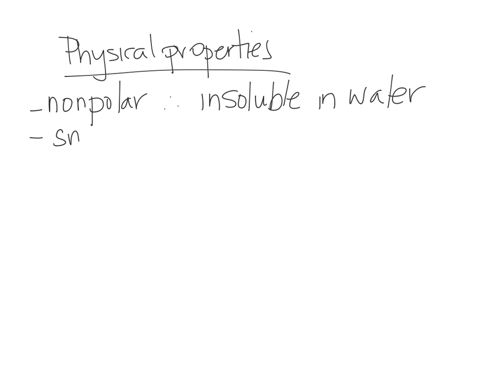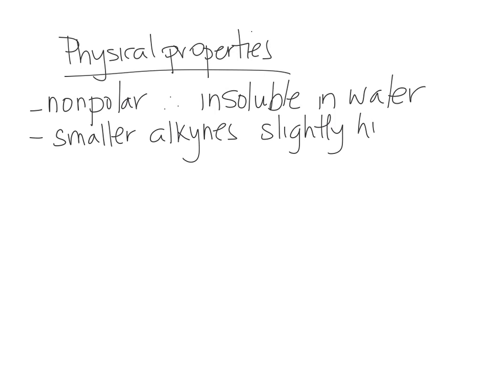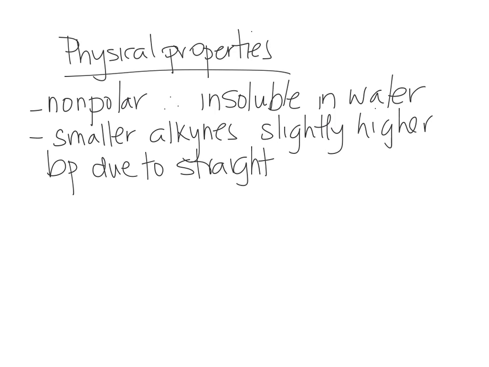So smaller alkynes have a slightly higher boiling point due to their straight or linear structure, which allows them to get closer together. Again, we only have London dispersion forces, so they're still fairly low.